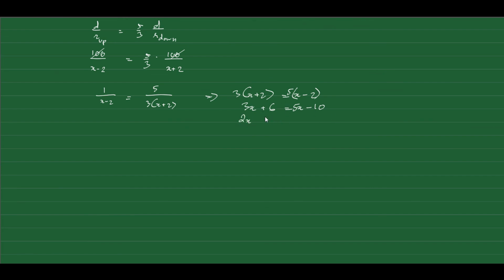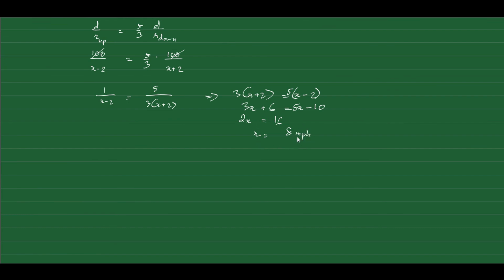This is basically an equation equal to 16. X equals 8. Okay, so 8. 8 what? The speed of the current or the speed of the boat?